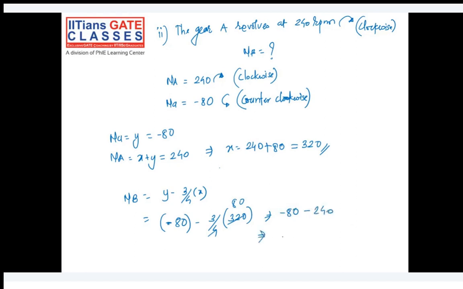So this minus answer, minus 320 rpm. Okay, the minus stands for counterclockwise now, because your assumption is positive for clockwise, so it is counterclockwise. I hope it's clear. If you have any doubt, feel free to ask.